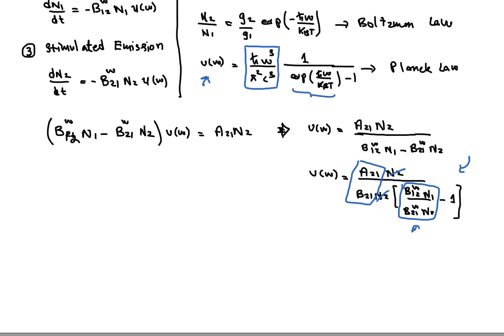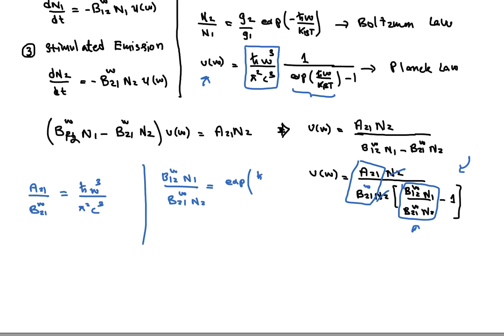So by comparison, A21 over B21 omega will be equal to h cut omega cube upon pi square c cube, and the other one, B12 omega N1 over B21 omega N2, equals exponential h cut omega over kBT.